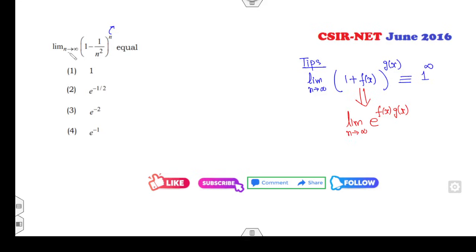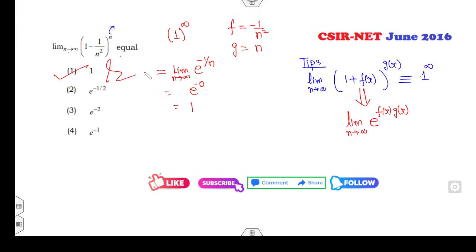Now you can see when you substitute n approaches infinity, that number will be 1 raised to power infinity. So the answer is limit e raised to power f(x) into g(x). What is the f(x)? Minus 1 over n square. g is my n. If you multiply them, minus 1 over n. And what is the limit when n approaches infinity? e raised to power 0. 1 is the right answer of the problem.